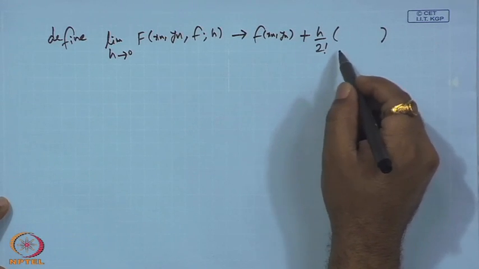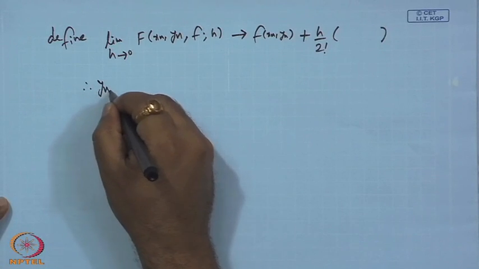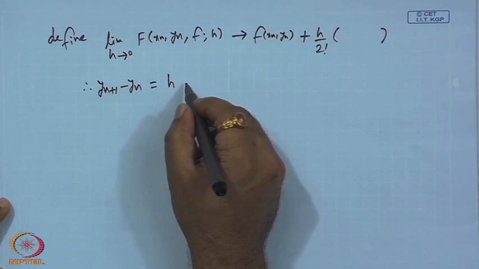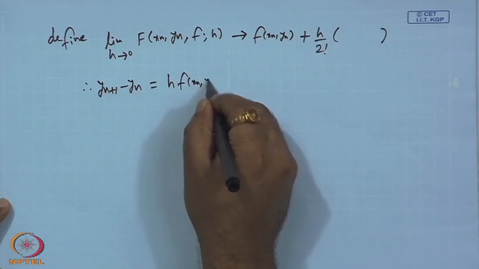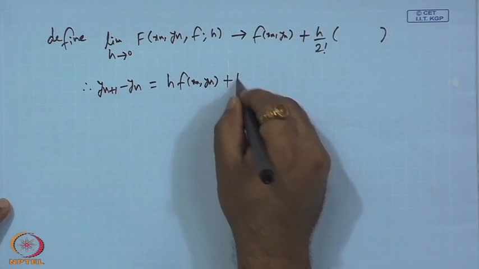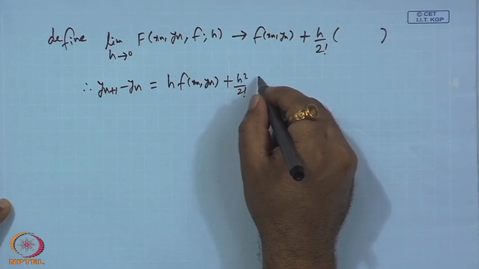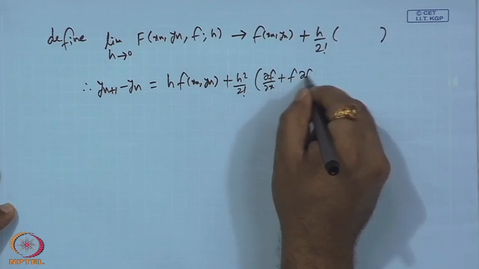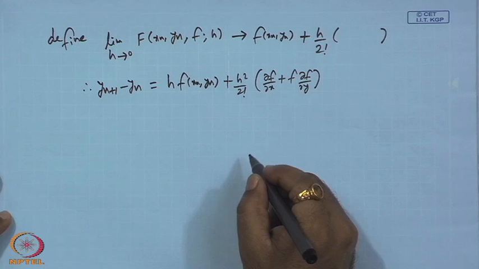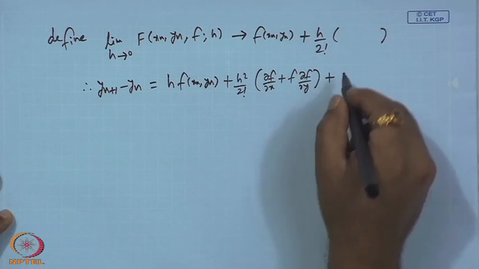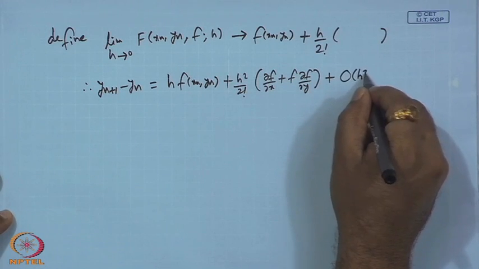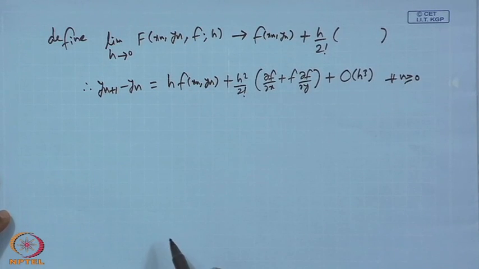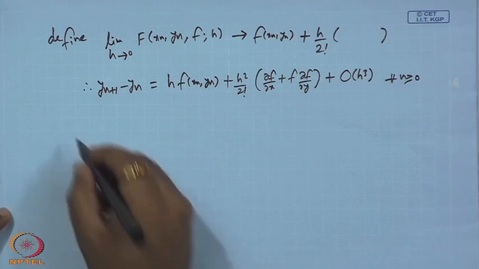So, therefore, this would be plus, plus, because the remaining will be of order h cube, right.